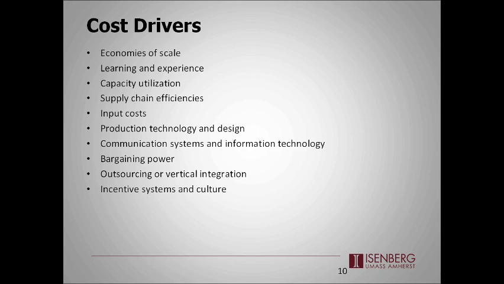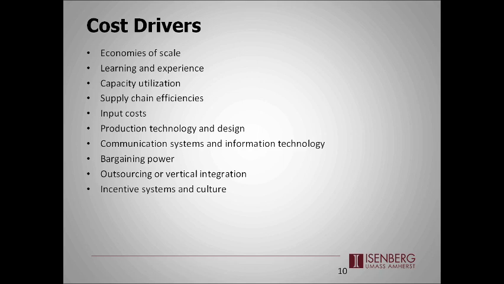As helpful as the HBS note is in providing a framework to go about analyzing costs and willingness to pay, one piece that's missing from the reading is a detailed discussion of what some of the most common cost drivers and value drivers actually are across companies and across industries.